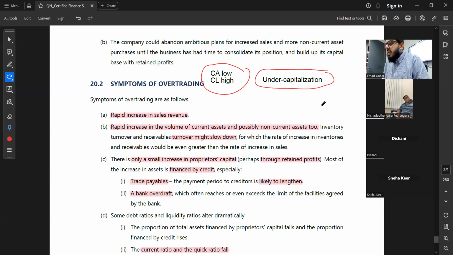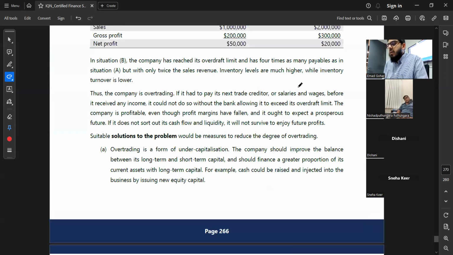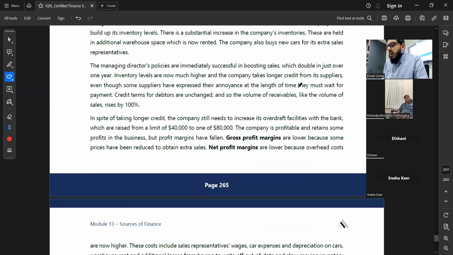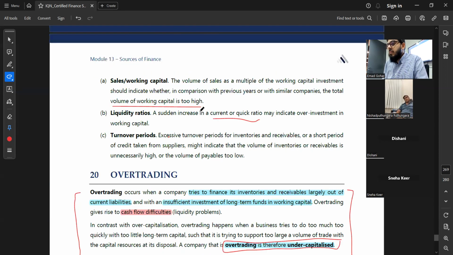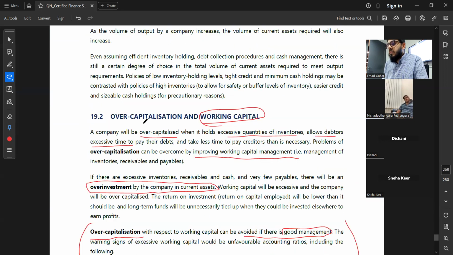Okay, this is over capitalized. Sorry, under capitalization. Clear? Okay, go above. See, this one also I highlighted for you. Over trading is also called under capitalized, right? And above what we studied was over capitalization. This is a different thing.